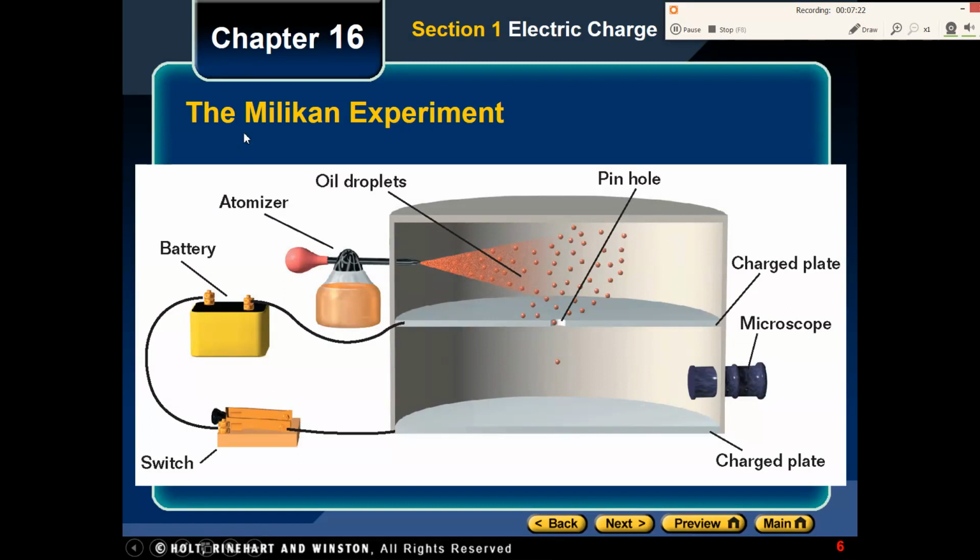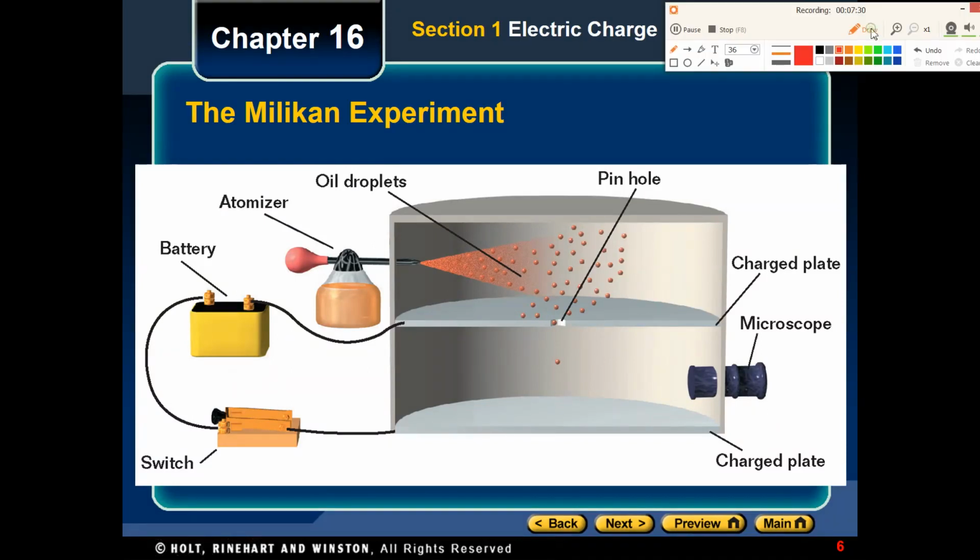Millikan is a scientist who first discovered the charge of the electron. He did a very smart thing to figure this out. He charged some oil droplets. In here there are many oil droplets. He charged all those oil droplets and put them into an electric field.